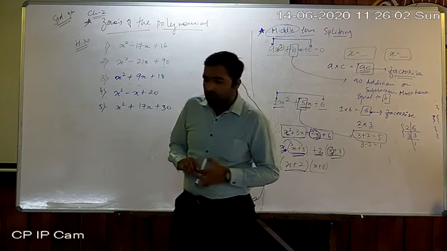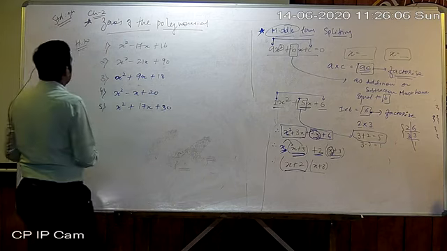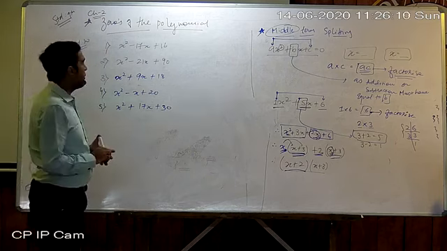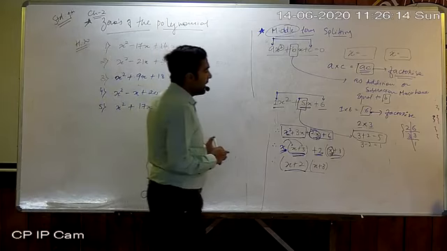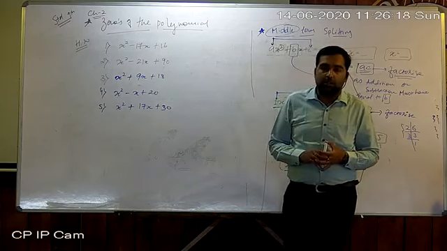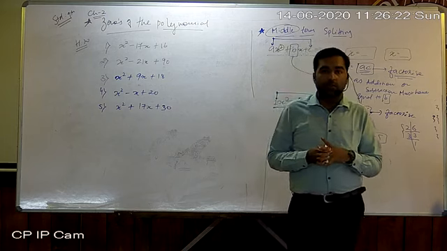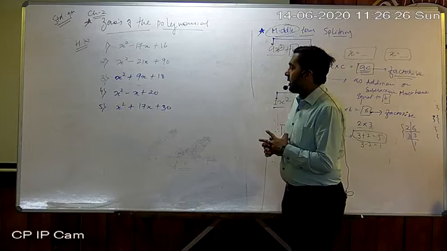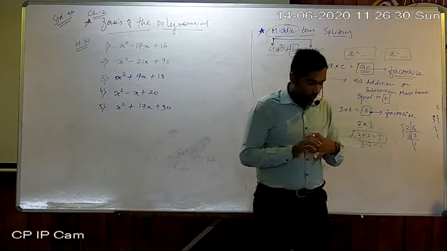Okay, so we are going to chapter 2 of polynomials. As per the previous lecture, we are learning about the middle term splitting method, and we also have to see some examples of it.